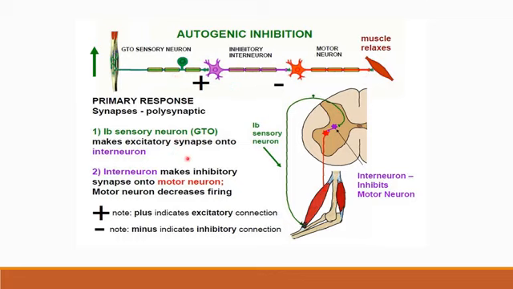The clasp-knife reflex is an exaggerated form of the Golgi tendon reflex, which can occur with disease of the corticospinal tracts, that is, hypertonicity or spasticity. So hypertonicity will be present.